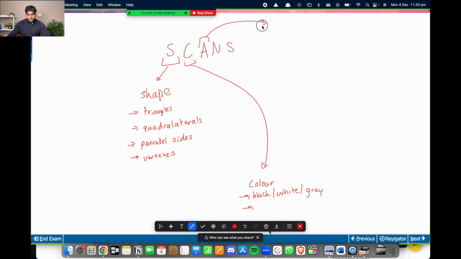A is arrangement. The UCAT loves to give you arrangement questions. And within arrangement, you have things like the position of a shape in relation to another shape. Some of these things blend in with each other. So maybe, for example, all circles are above rectangles.